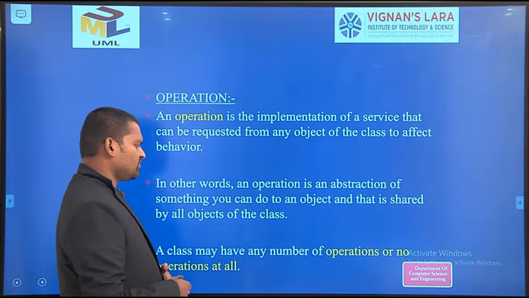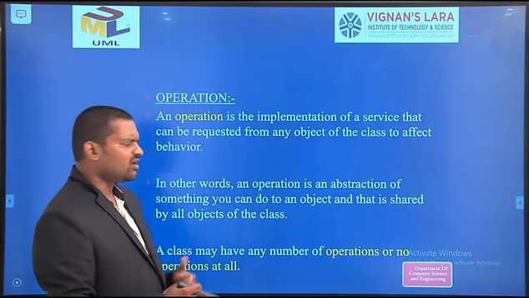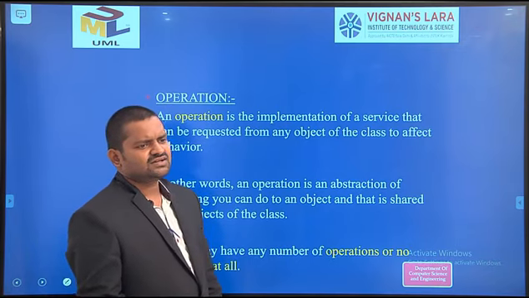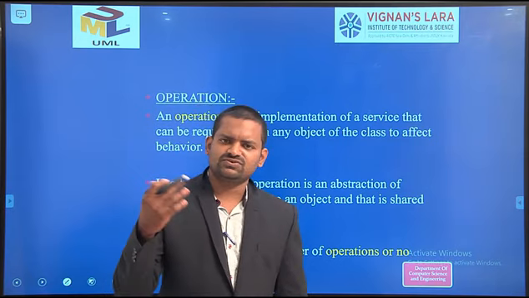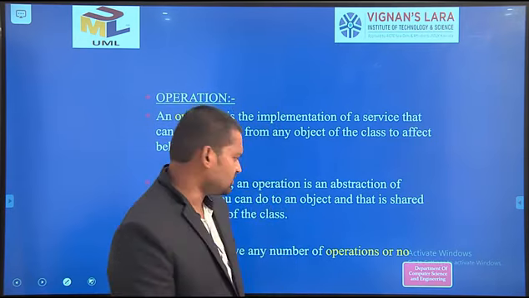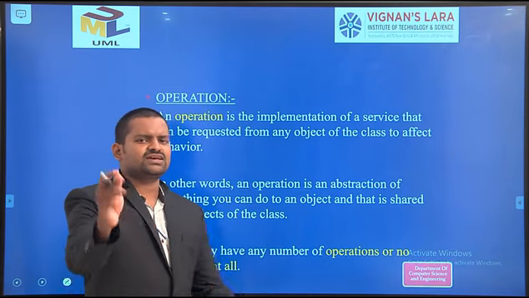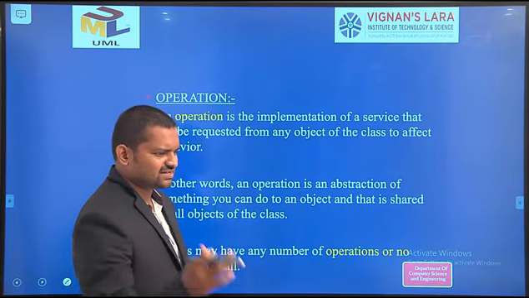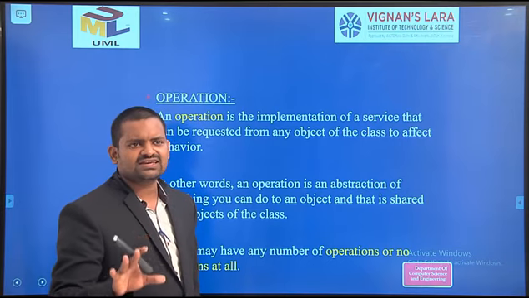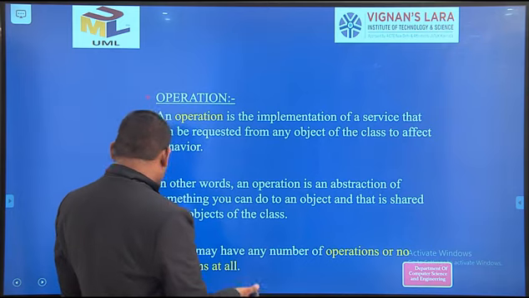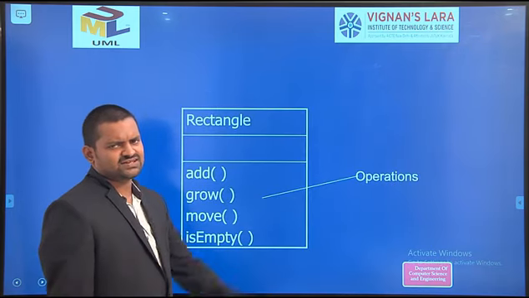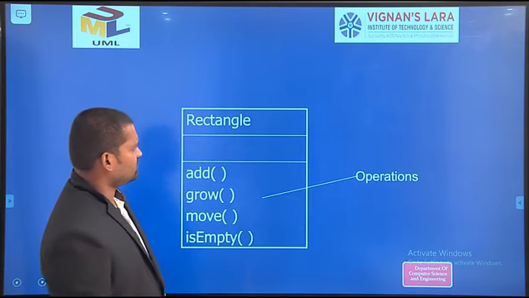A class may have any number of operations or no operations at all. If you create a class, it is not mandatory to give operations for that class, or you may give only a simple name. That is only for understandability while designing any class. So if it requires, you can write them. Like this we can write operations of a class.